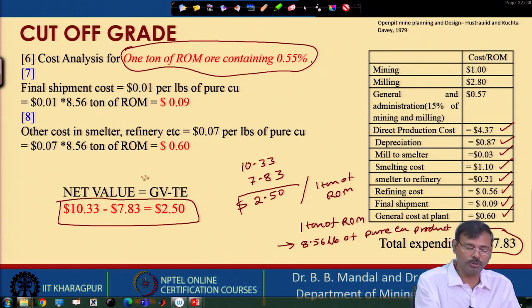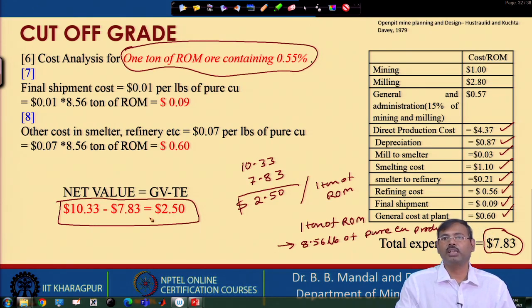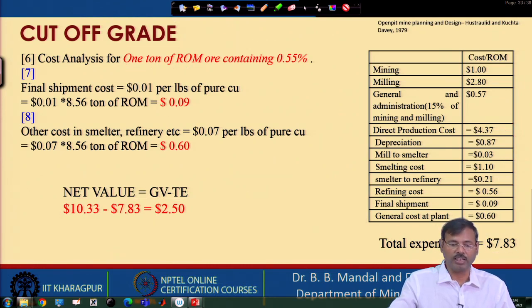at which the net value will be 0, because our cutoff grade is the grade at which there is no profit, no loss condition, because mining below that will eventually reduce the profit. So, that is why we want to find out economically which grade is acceptable for us.